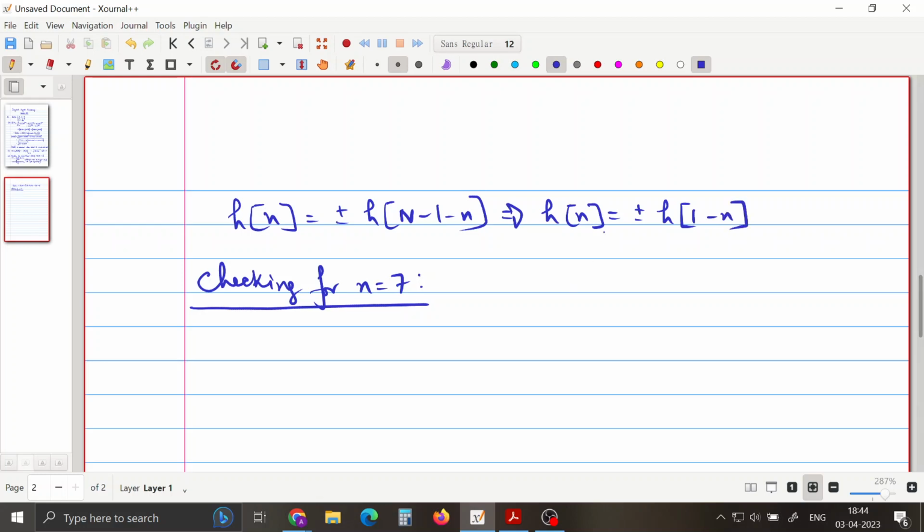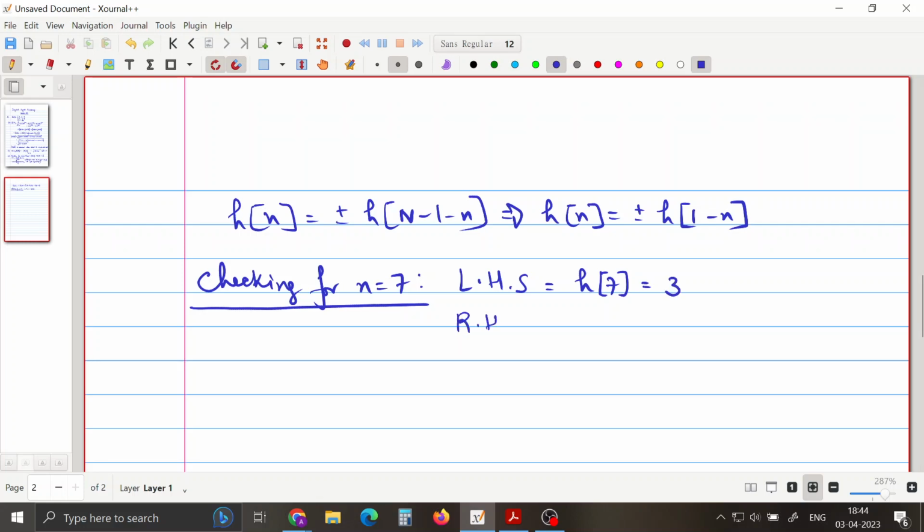This we need to check. So for n equals 7, if you substitute n equals 7 in this equation, what's the LHS? The LHS is h of 7, and h of 7 is given as 3, right?